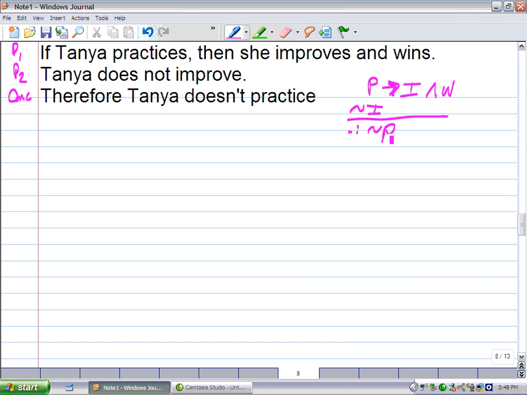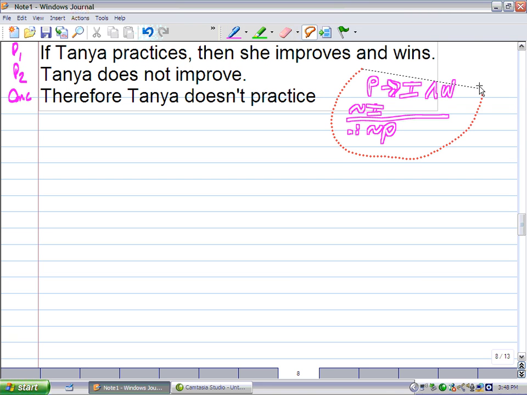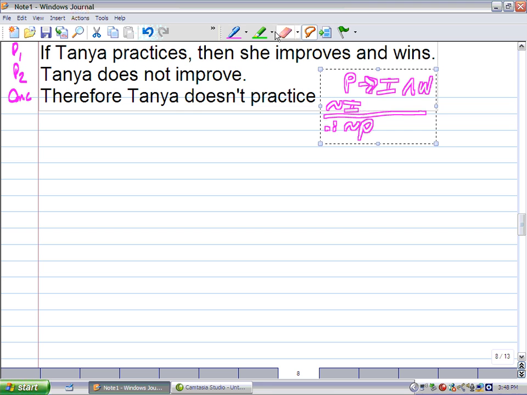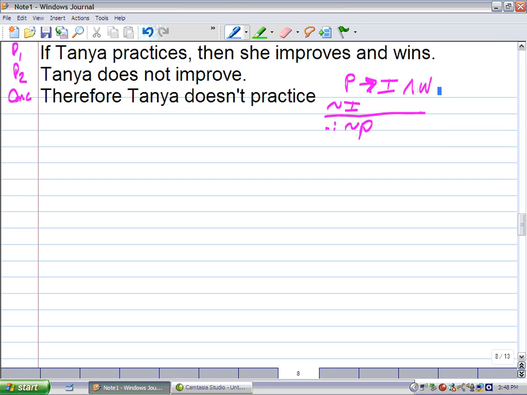Okay, can we do that using the arguments? Yeah, because this is equivalent to, what's the contrapositive? You have to change it to its opposite, so it would be not I or not W implies not P. So in this case it's or. I only have to have one of them.